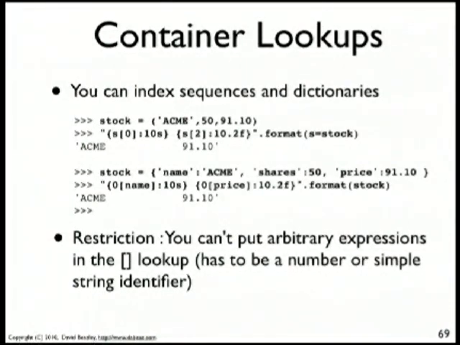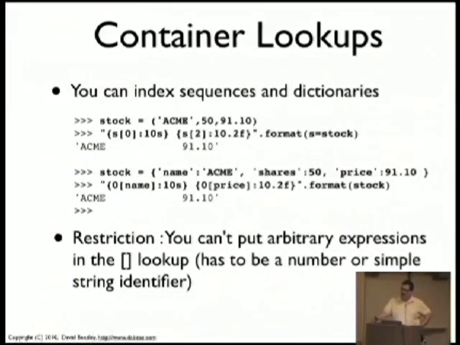And then you can take this a bit further. This might be the part of string formatting that will either increase or decrease job security, depending on how far you want to take it. These references to objects can do things like indexing and lookups. So if this stock was a tuple, I can index that.